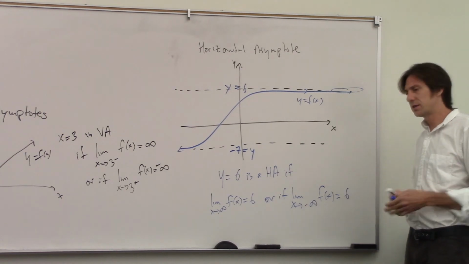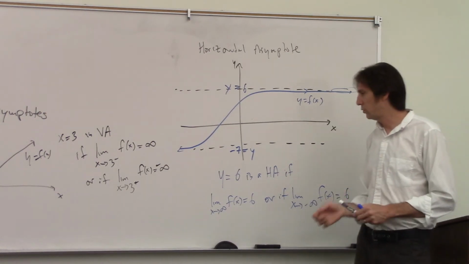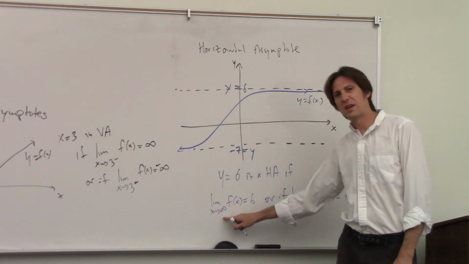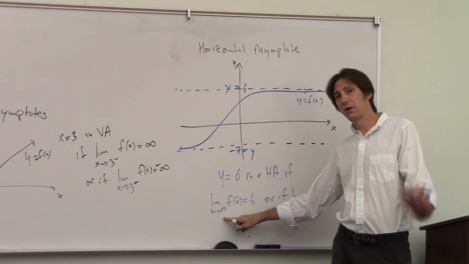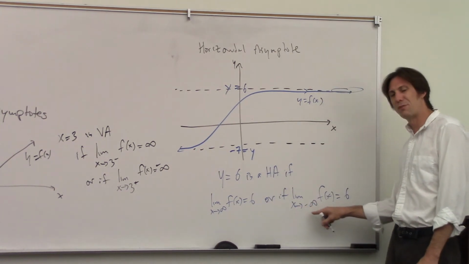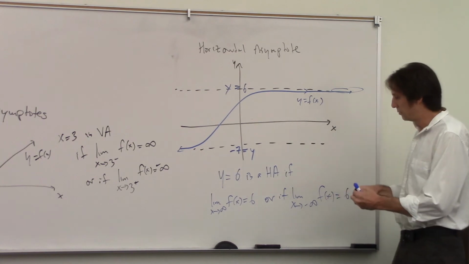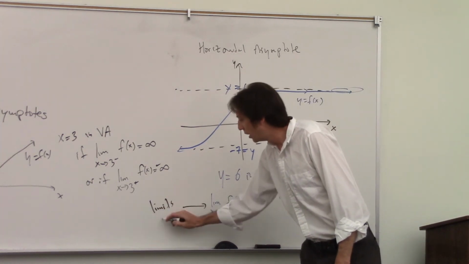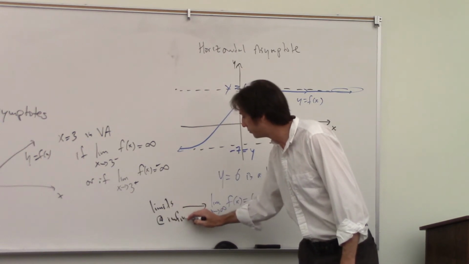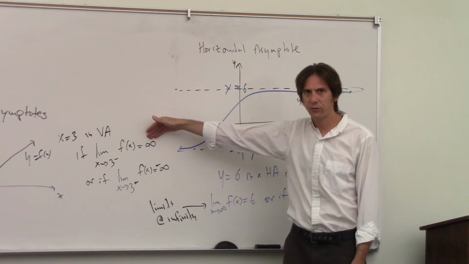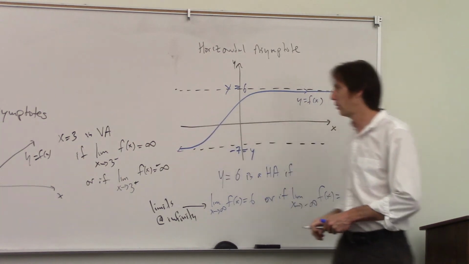This notation is slightly different from limit notation that we've seen before, because here we're thinking about the x value as getting arbitrarily large, or x going to infinity. On the other hand, maybe x is going to minus infinity. These are called limits at infinity, and they're not the same as infinite limits like we have for vertical asymptotes.